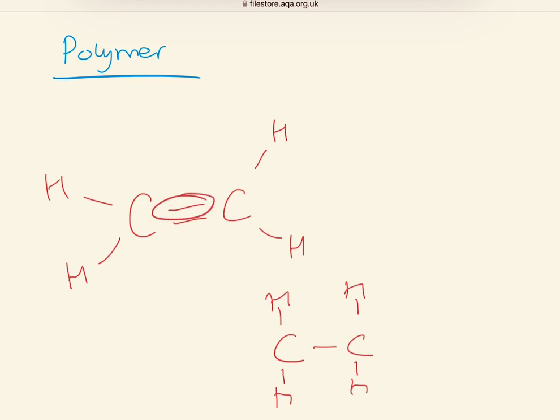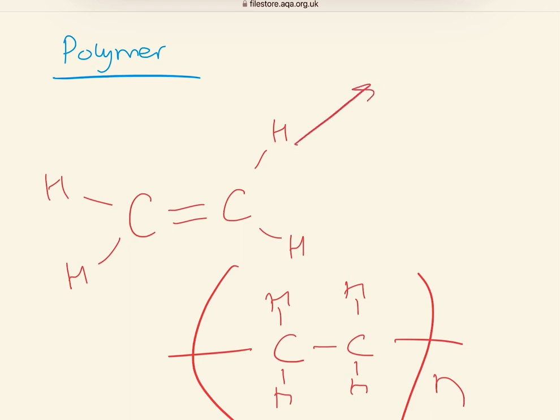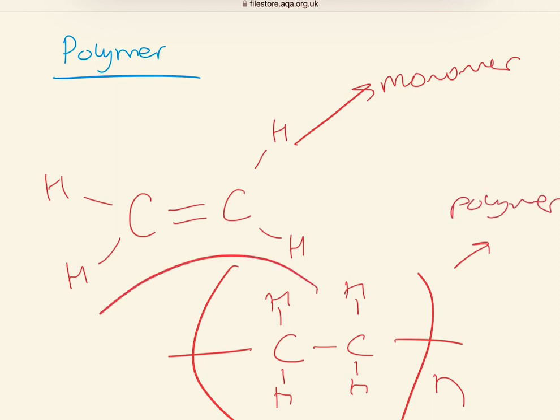That double bond that broke, right, it would open up and it would be able to join to itself many times. This is my monomer. This entire thing is my polymer. And this inside bit is my repeat unit. Those are the three things they test you on.